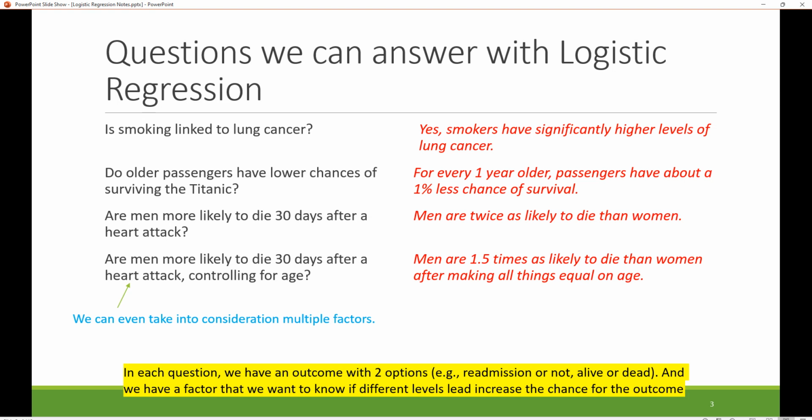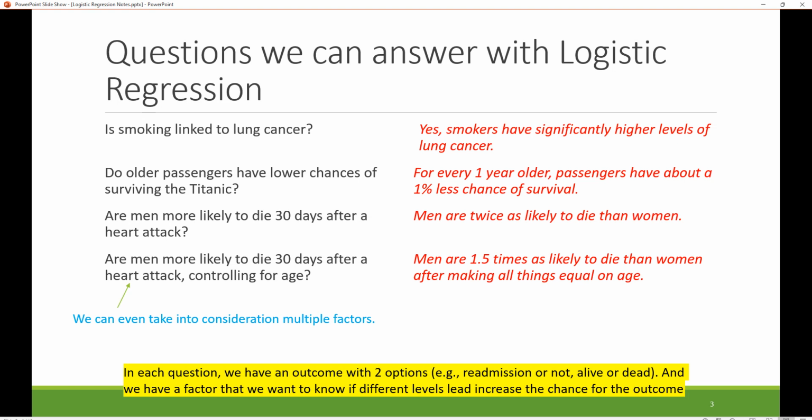And from our logistic regression, we may find out that yes, smokers have significantly higher levels of lung cancer. Another question is, do older passengers have lower chances of surviving the Titanic? And we might actually be able to answer that as yes, and we can also say that for every 1 year older, passengers have about a 1% less chance of survival.